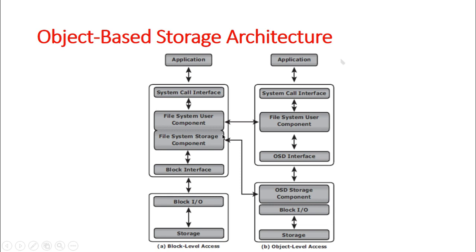The storage component maps the files to the physical location on the disk drive. So the file system here has two components, the user component and the storage component. The user component performs hierarchy management, naming and user access control, whereas the storage component maps the files to the physical location on the disk drive.